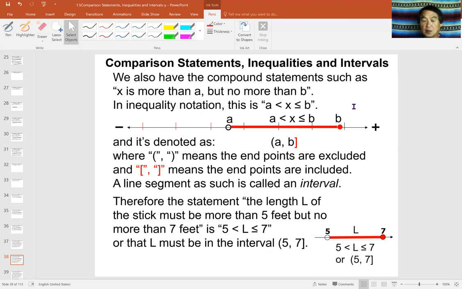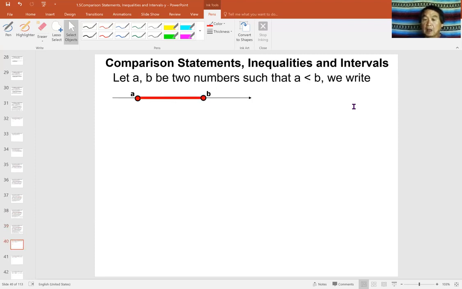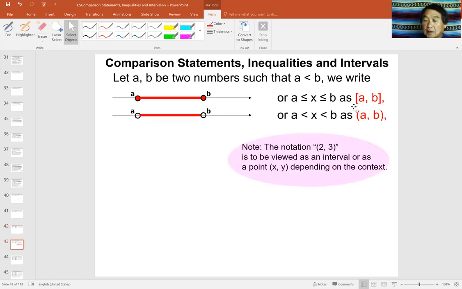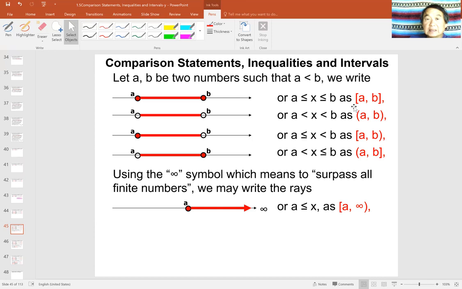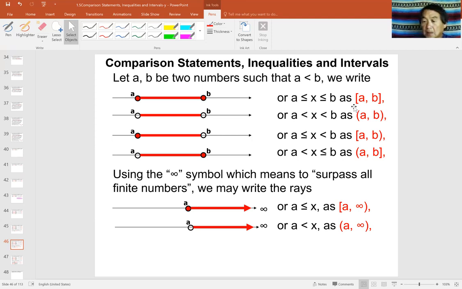Here is an example of an interval, and here are all the different descriptions and cases in interval notation, in inequalities, in brackets and parentheses. If the numbers keep going without stopping, then we use the infinity sign, meaning keeps going, don't stop.